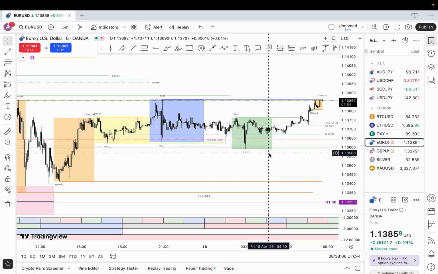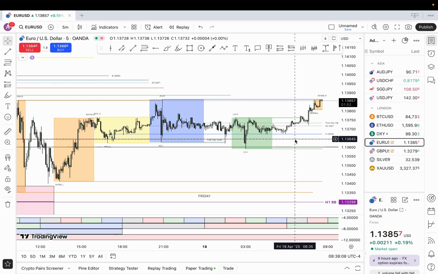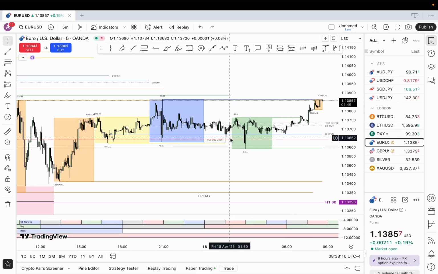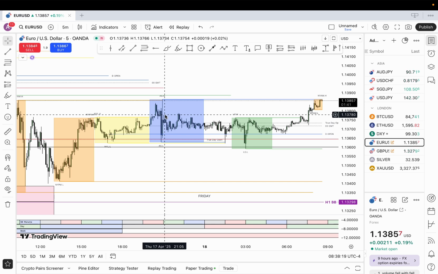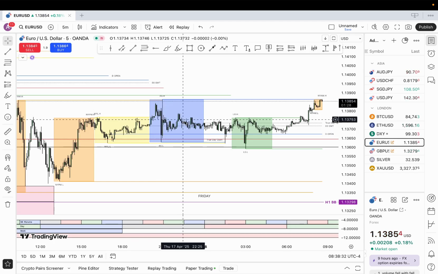This is the red line we have drawn from the closing of the previous day. This was the Asia session, and as you know, Euro USD and GBP USD have manipulation moves in London and a continuation in the NY session. So we actually don't trade the Asia session as much, but sometimes I do.